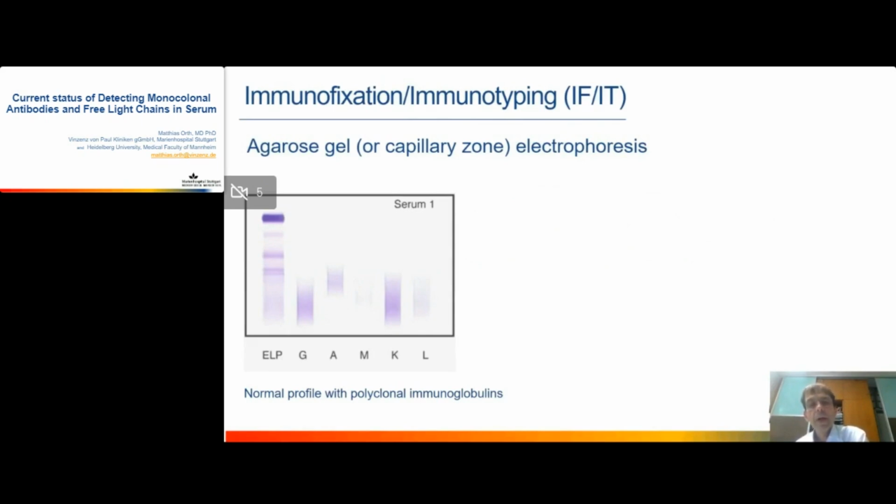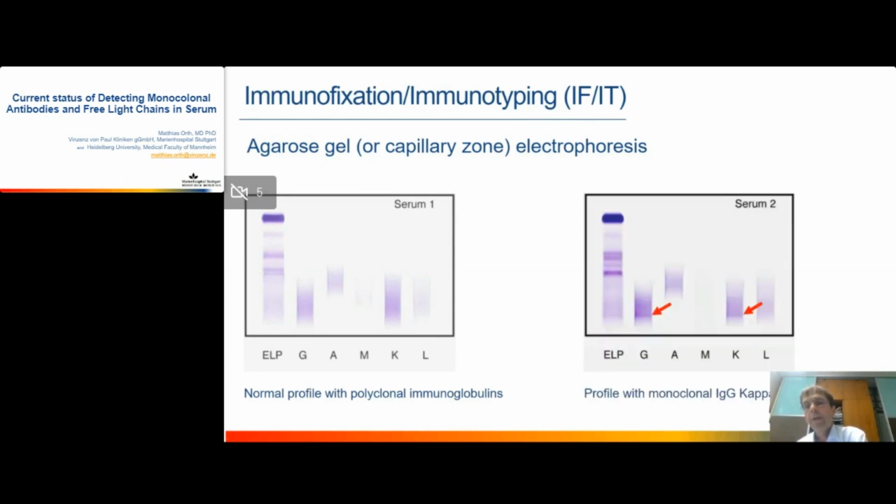The first line shows the normal serum electrophoresis, and then we have a rather unspecific polyclonal IgG, IgA, IgM, and kappa and lambda. And on the right-hand side, you will see a patient with monoclonal banding in IgG and in kappa, so it's a monoclonal IgG kappa.